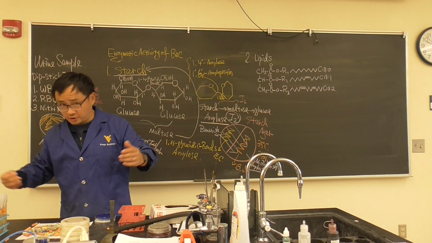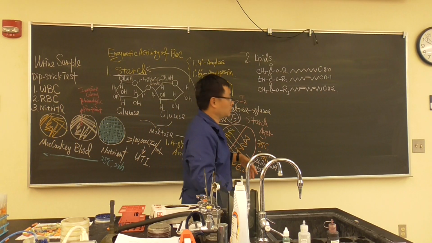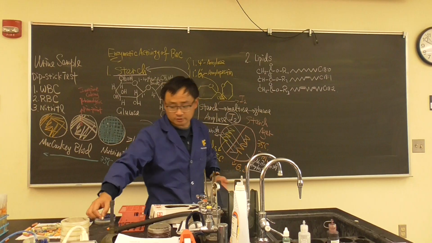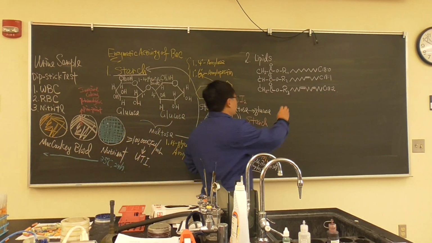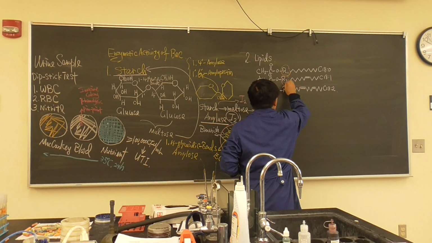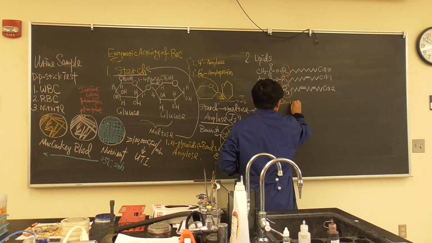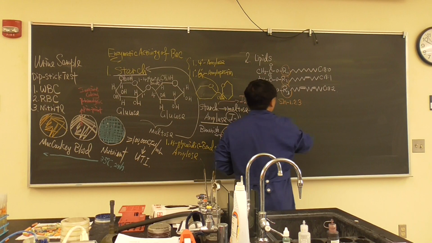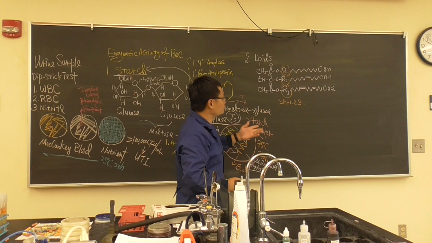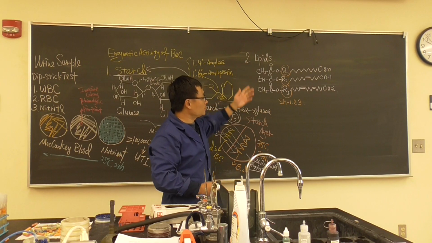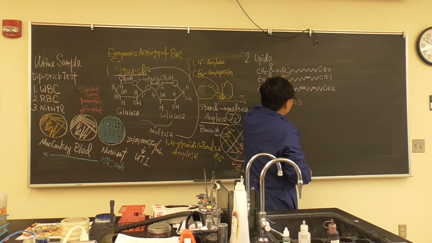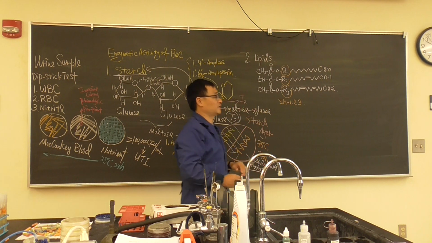You learned that in your nutrition class. We can talk this whole day, but we're not going to talk about that because it's not a biochemistry class. And this number, we call it stereospecific number 1, 2, 3. Typically for some of the plant-based lipids, the middle one is usually unsaturated fatty acid.